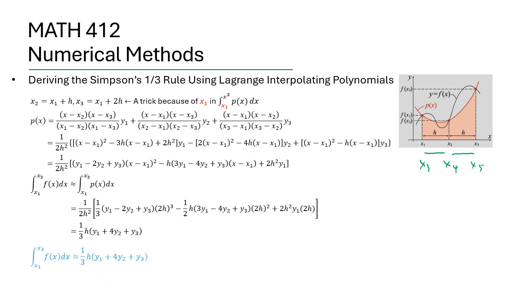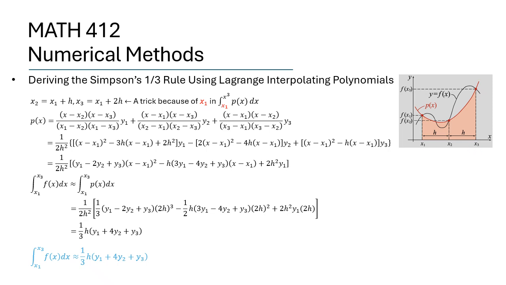Then the next group will be x5, x6, x7, right? When we move on to the next group, that's again x sub 1, x sub 2, x sub 3. Yes, so they are relative. This x sub 1, 2, 3 does not mean they are the first three nodes.